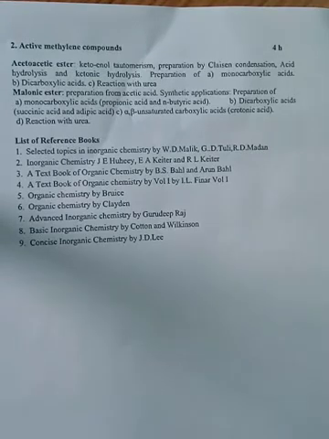And the second is malonic ester. The preparation of malonic ester from acetic acid will be discussed, and the synthetic applications of the malonic ester, that is preparation of the monocarboxylic acids, dicarboxylic acids, and alpha beta unsaturated carboxylic acids will be discussed, and how malonic ester reacts with urea will also be discussed in this chapter.